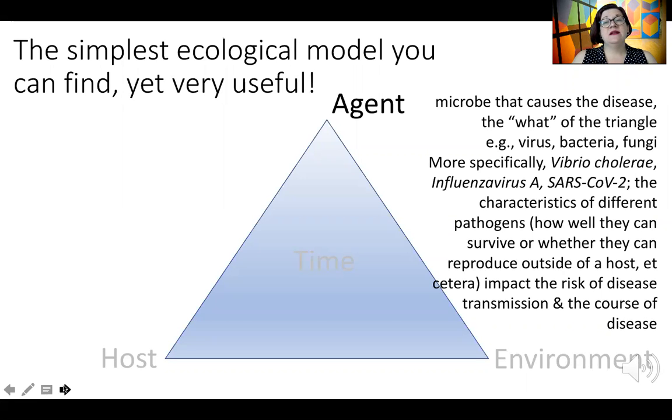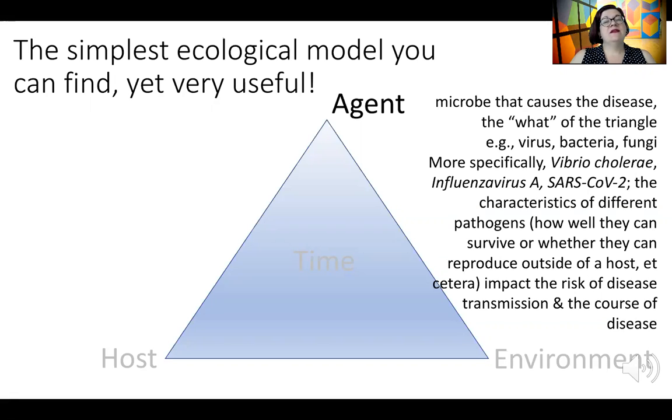So the agent is simply the microbe that causes the disease. We can think of it as being the what of the triangle. For example, is it a virus? Is it a bacterium? Is it fungal? More specifically, we can refer to the agent by its scientific name. So we might be talking about Vibrio cholerae, or influenza virus A, or SARS-CoV-2.